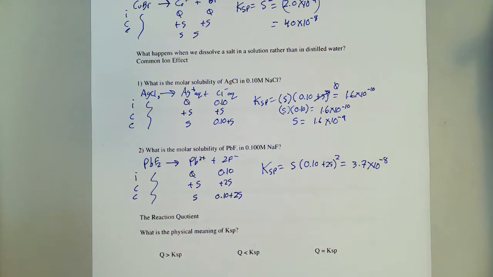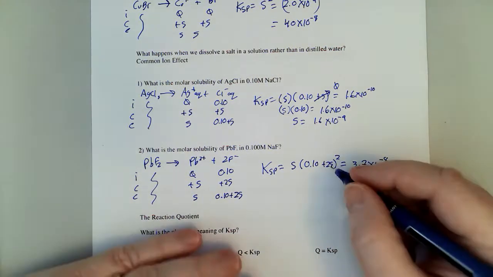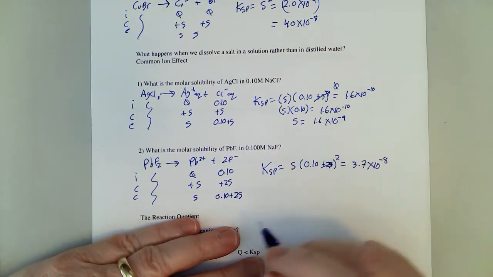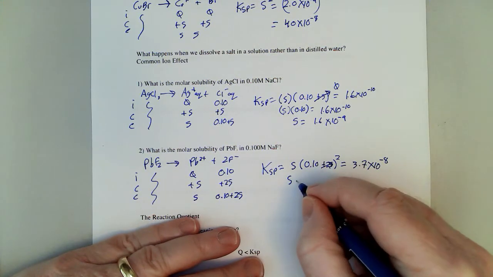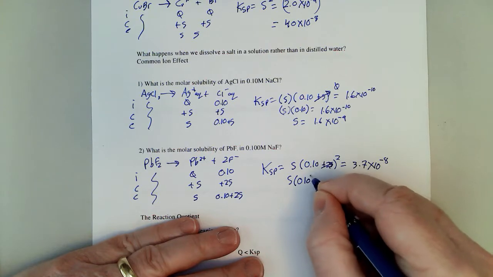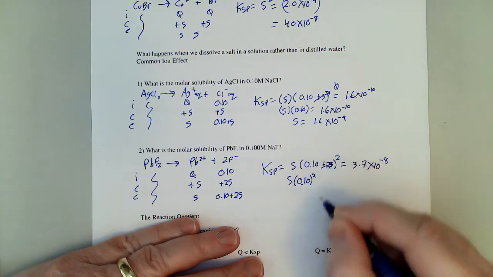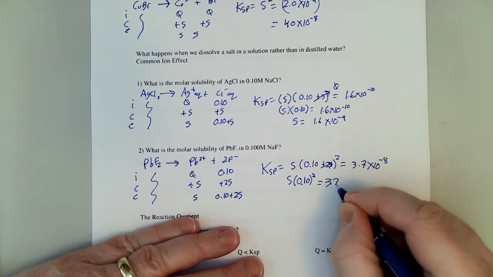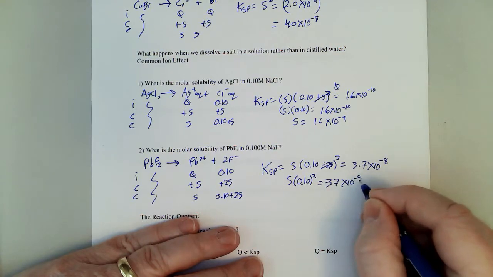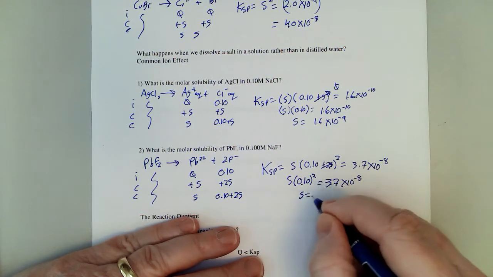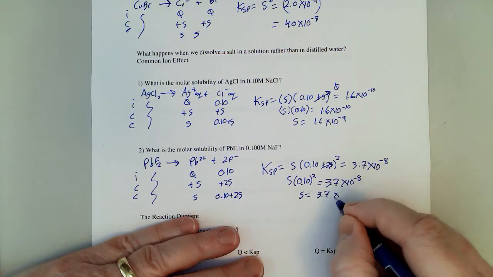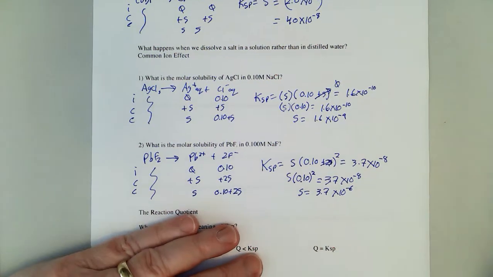Okay, wow. That could be an ugly cubic equation. So I'm going to approximate that away and basically get S times 0.10 squared equals 3.7 times 10 to the negative 8, or S equals 3.7 times 10 to the negative 6th.